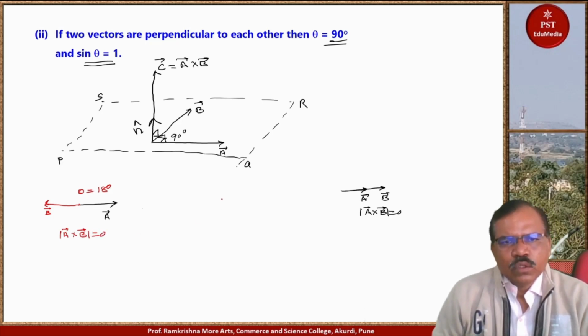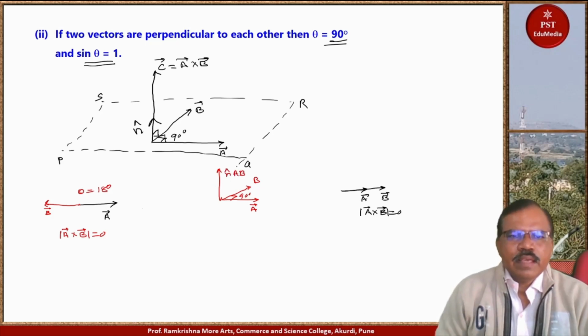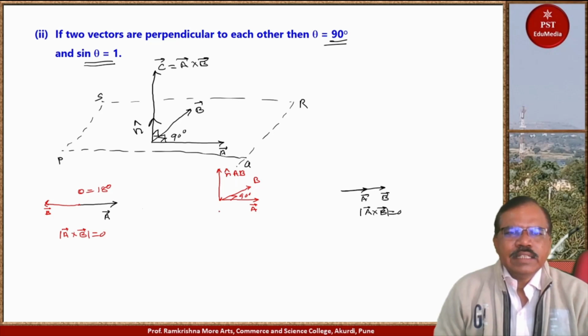And when two vectors are perpendicular to each other, here 90-degree angle, A and B, so here this is perpendicular vector, that is n AB. And we know sine theta is maximum.